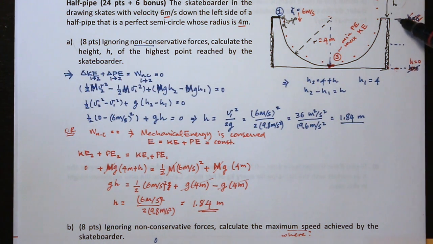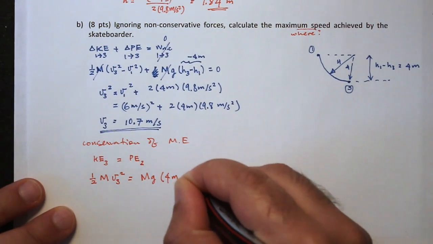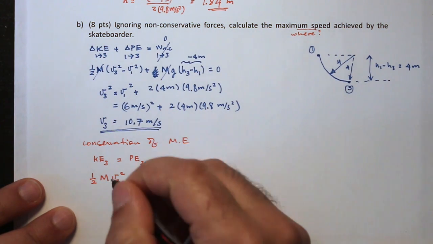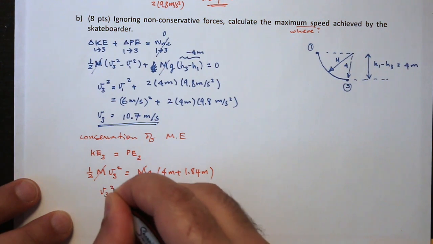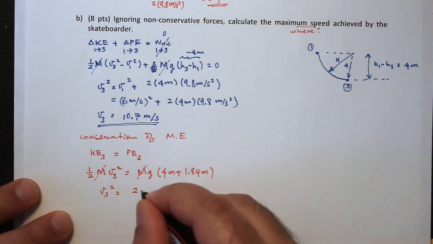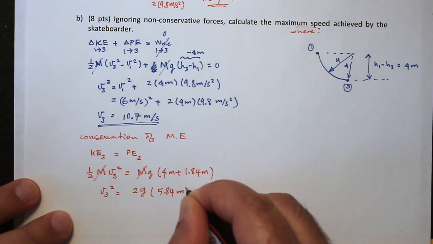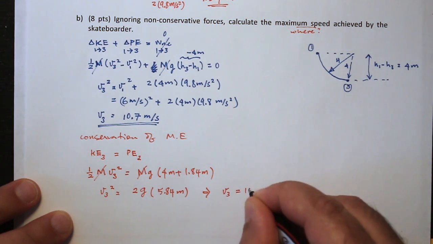So that's 4 meters plus 1.84 meters. And again, the m goes away, and I get v3 squared is equal to 2 times g times 5.84 meters, and that will give me the same answer.